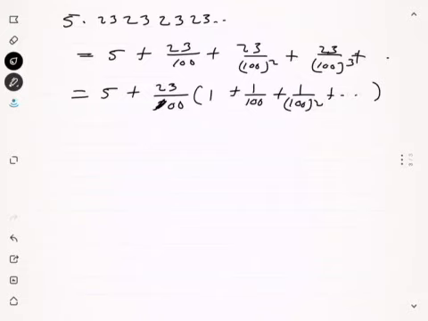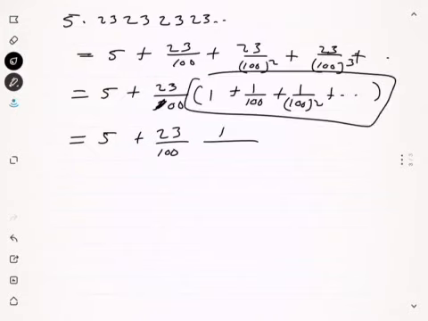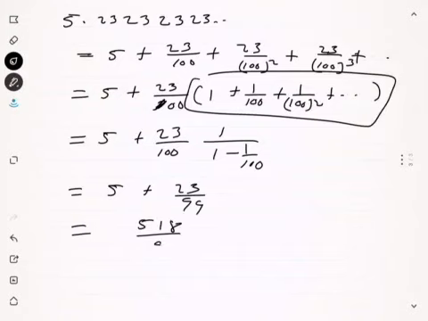What's inside the parentheses is a geometric series with first term equal to 1 and ratio equal to 1/100. So this is the 5, and then the 23 over 100, and then the geometric series, which is 1 divided by 1 minus 1/100. Out of this, it will give you 5 plus 23 over 99. Adding that, you get 518 divided by 99. And so we have expressed this number as a ratio of two integers.